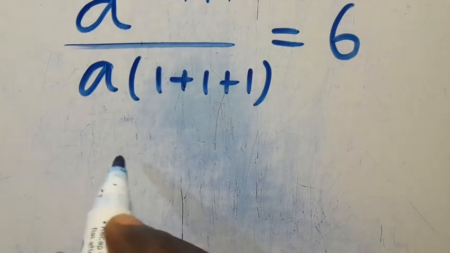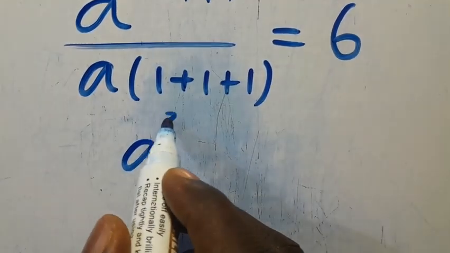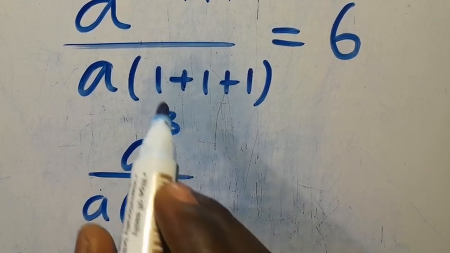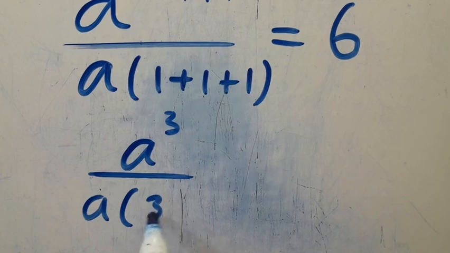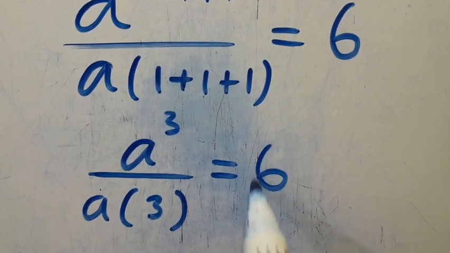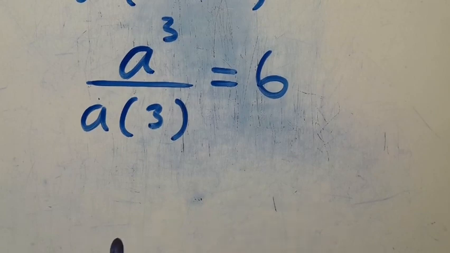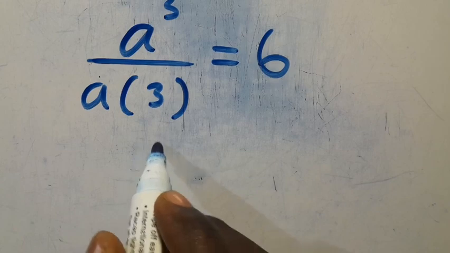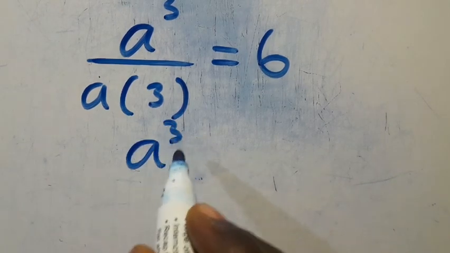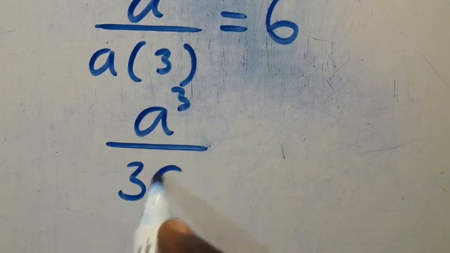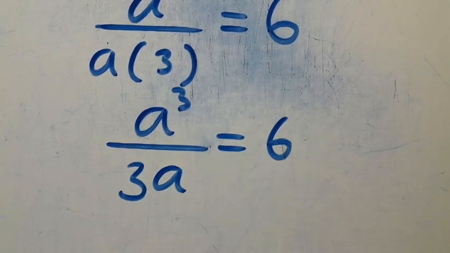So from here we have A to the power of 3 divided by A, 1 plus 1 plus 1 we have here to be also 3, equals 6. So from here we have A to the power of 3 divided by 3A equals 6.